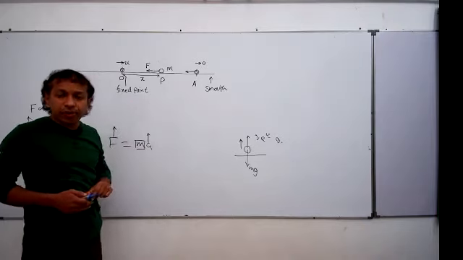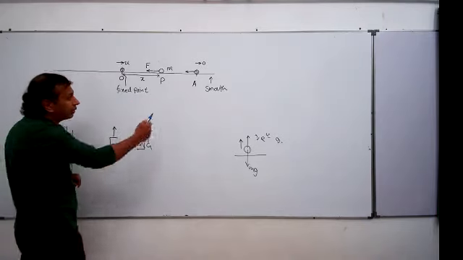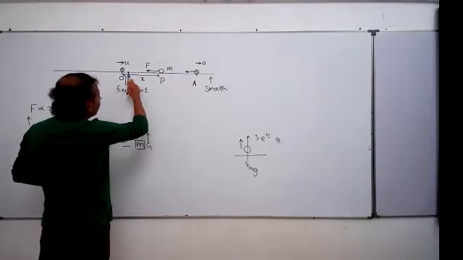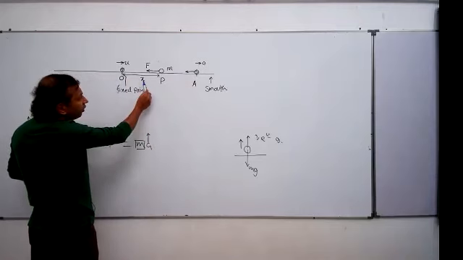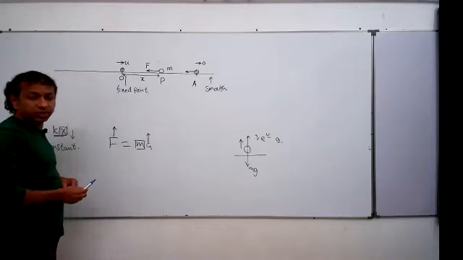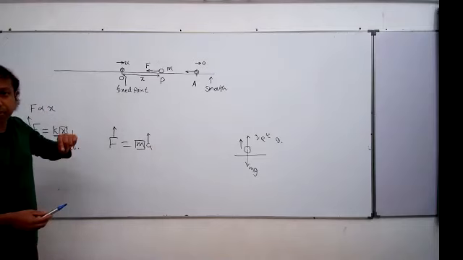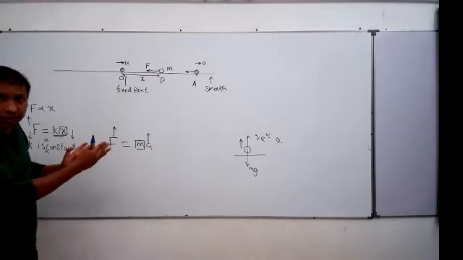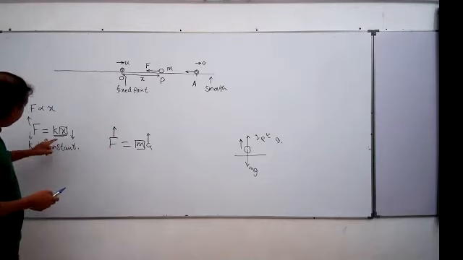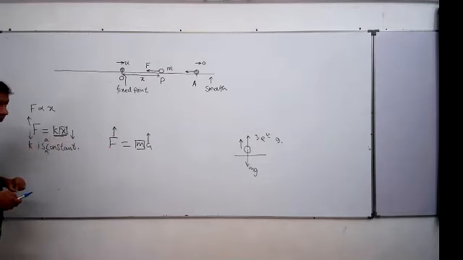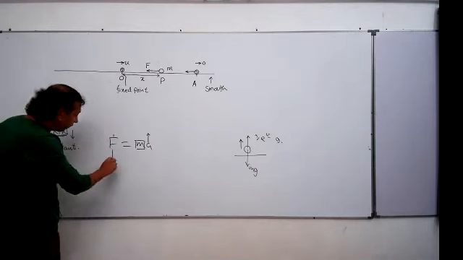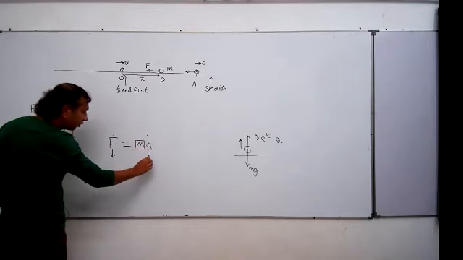But another thing will happen. As the particle comes towards point O, the distance X from O to the particle P is decreasing. X decreasing means F decreasing, and F decreasing means the acceleration is decreasing.